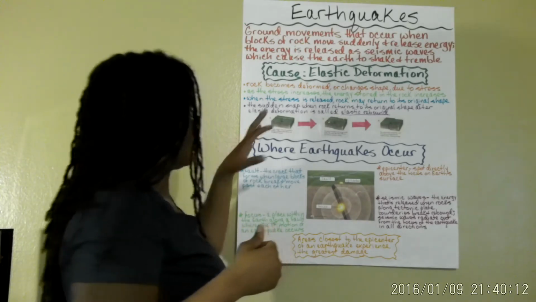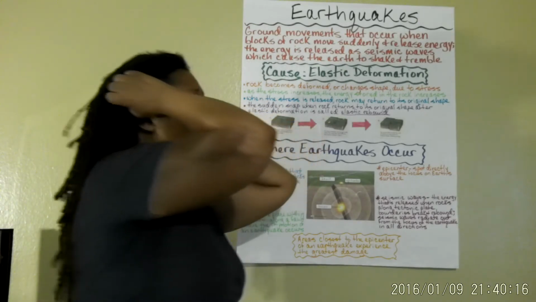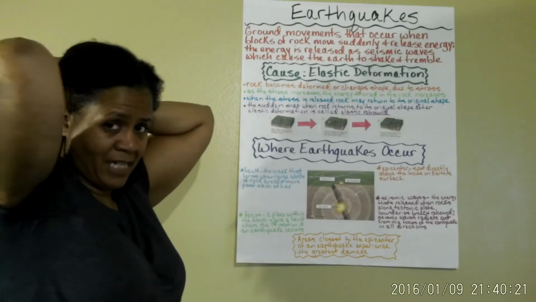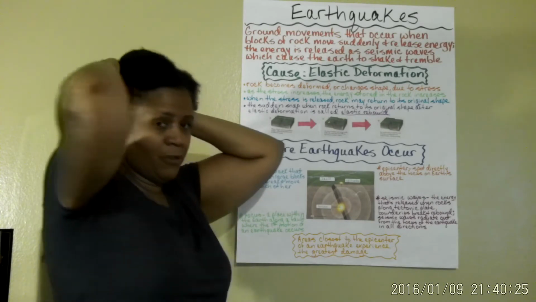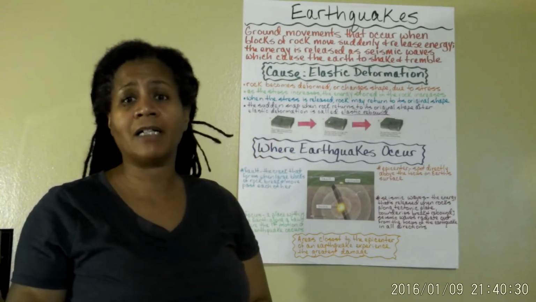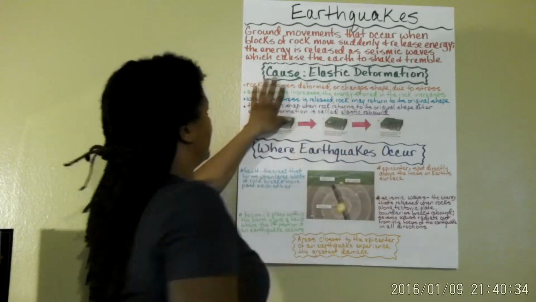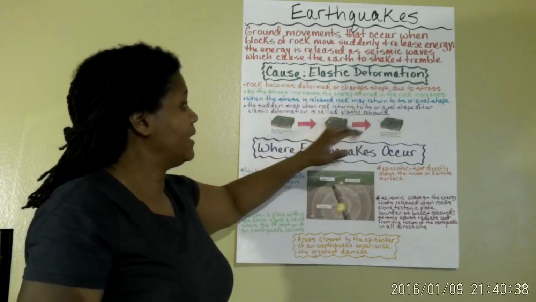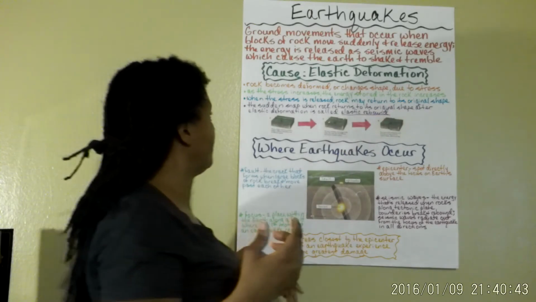okay? And so what causes that? One of the causes is elastic deformation, okay? Elastic deformation, remember deformation is that word that talks about how rocks change shape, okay? So rocks can be deformed or change shape, and that occurs because of the stress that's put on the rocks, okay?